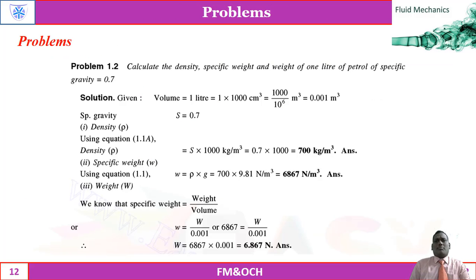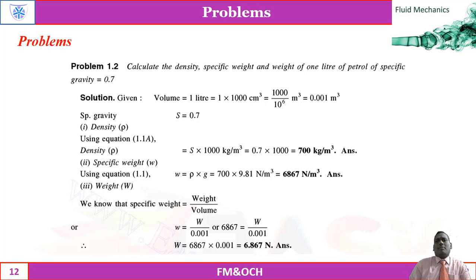There is a problem here which we are going to learn. In this problem, calculate the density and specific weight of 1 liter of petrol of specific gravity 0.7. The previous slides have been telling you the different properties of water.